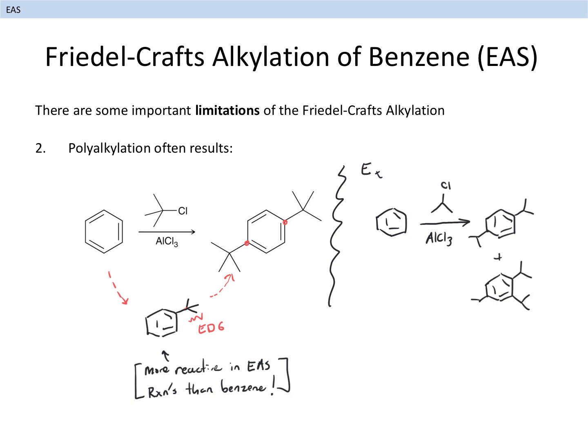Understanding this limitation is crucial for planning and optimizing Friedel-Crafts alkylation reactions to achieve selective monoalkylation. Strategies to mitigate polyalkylation often involve using excess benzene or controlling the reaction conditions carefully. Let's turn to the next page and look at the third and final limitation that we will discuss.